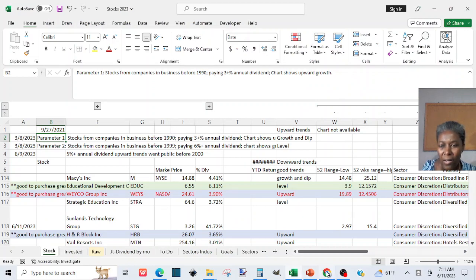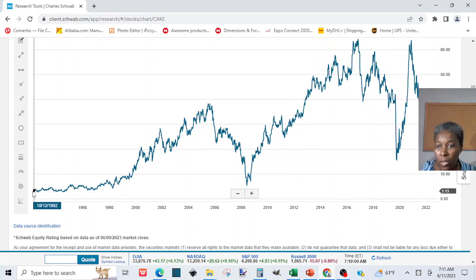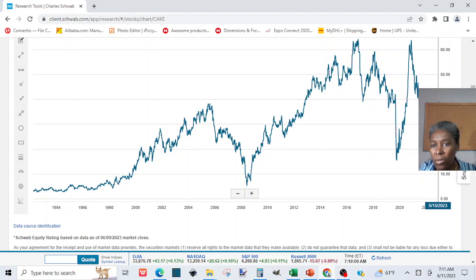And let's first analyze this. So this, I will say, that's growth and dip. That's when it sold $3.13 in 1992. Now it's selling for $32. So you can see that if somebody bought it in 1992 for $3 something, in 2022 it's selling for $32.83.